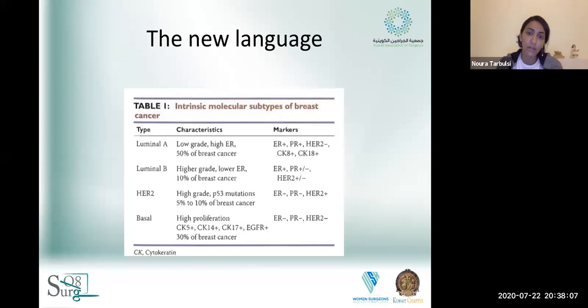HER2 breast cancer means ER/PR negative, and only the HER2 is positive. Basal or triple negative is the last category, and it's the most aggressive. Those two are least aggressive, and that's why they do not respond to neoadjuvant chemotherapy. As opposed to those two at the bottom, they're the most aggressive, but they do respond to neoadjuvant treatment.